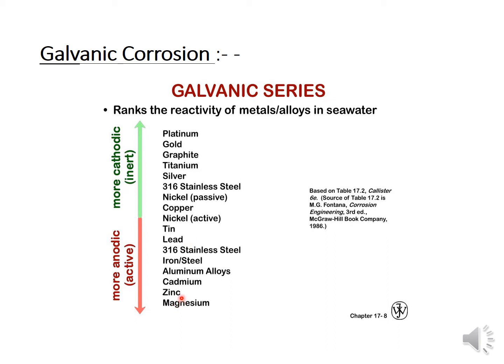But when we consider zinc and iron in contact with each other, as per the activity series, zinc is at the bottom of the series and iron is at the top. So iron will act as cathode, zinc will act as anode, and corrosion of zinc will take place. So the position of a metal in the galvanic series determines corrosion.